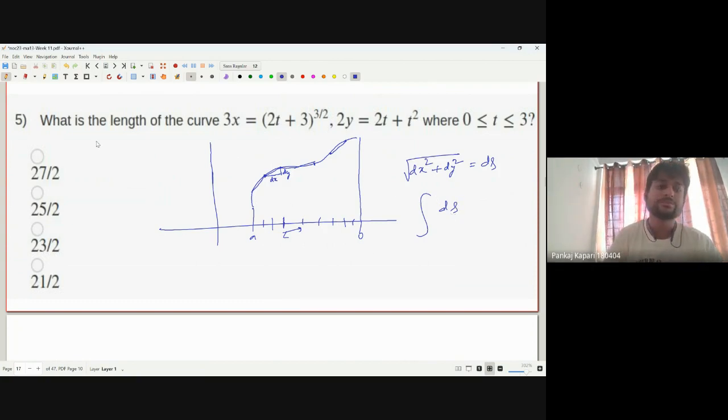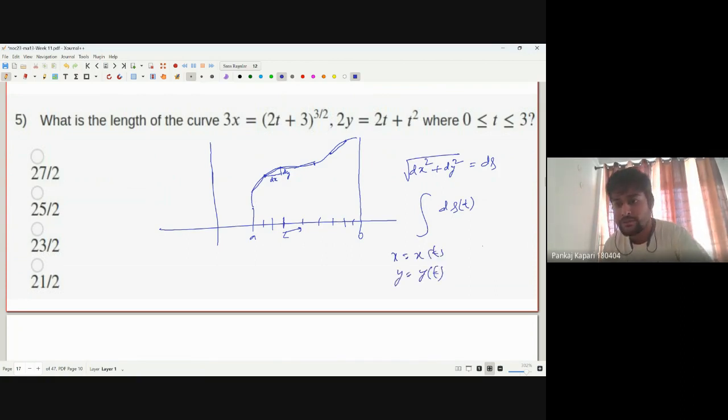Okay, so this ds, we are taking as a function of t. So there is a parameter. x is a function of t and y is also a function of t. So we are taking t as a parameter, so that t varies in some interval between a and b, then your x varies accordingly.